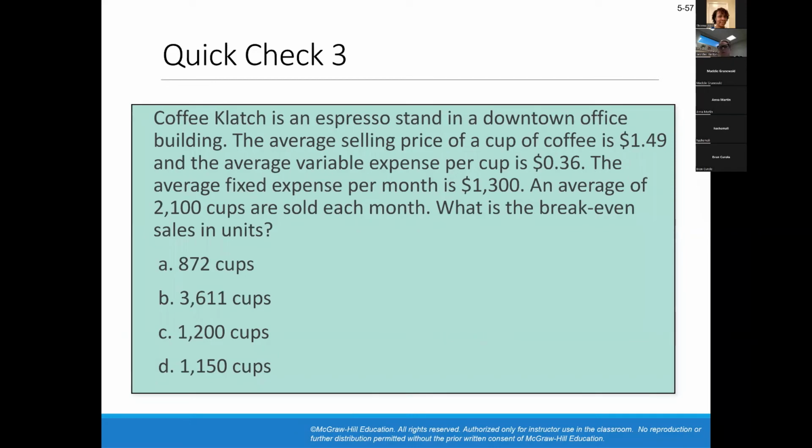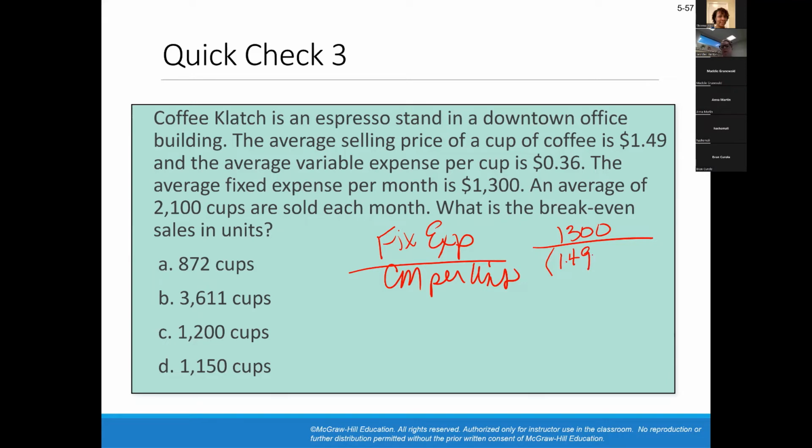Okay, now they want to know an average of 2,100 cups sold. What is the break-even sales in units? So the sales in units is going to be that fixed expense again over that contribution margin per unit. So we know that this is 1,300. What was our contribution margin per unit? How did we calculate that? Remember, we took the sale price minus the variable expense.